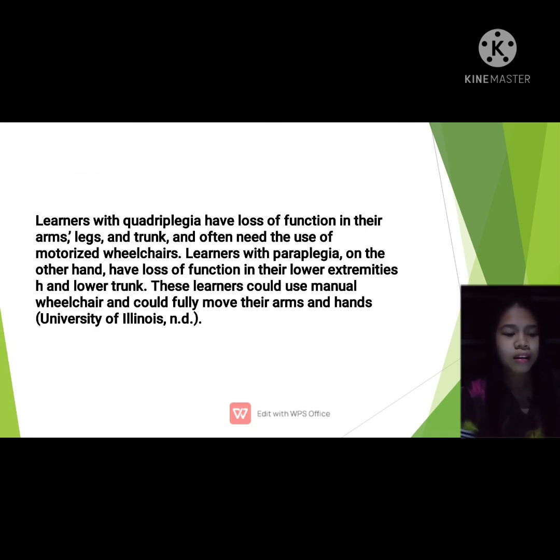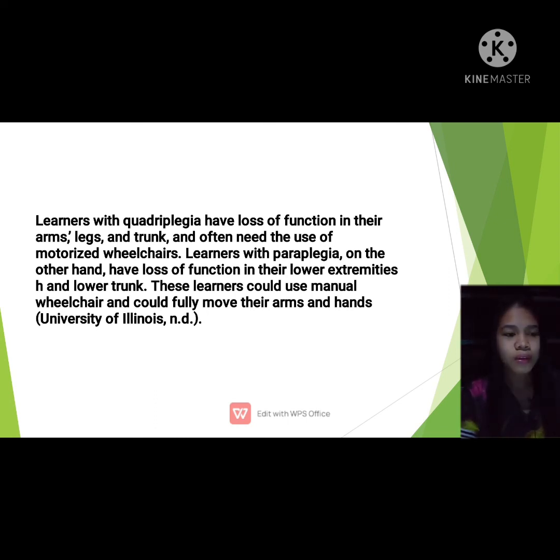Okay. Learners with quadriplegia have loss of function in their arms, legs, and trunk, and often need the use of motorized wheelchairs. Learners with paraplegia, on the other hand, have loss of function in their lower extremities and lower trunk. These learners could use a manual wheelchair and could fully move their arms and hands.